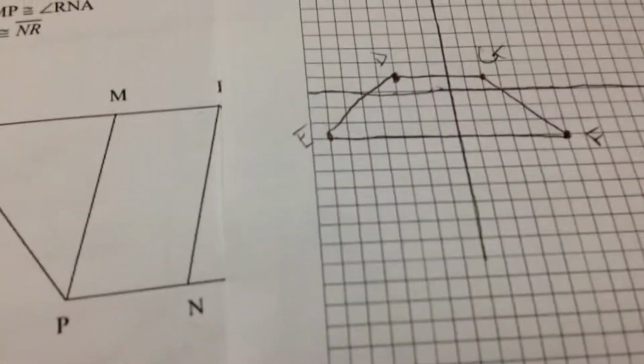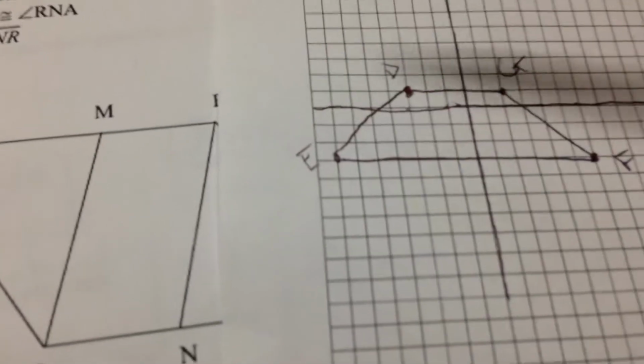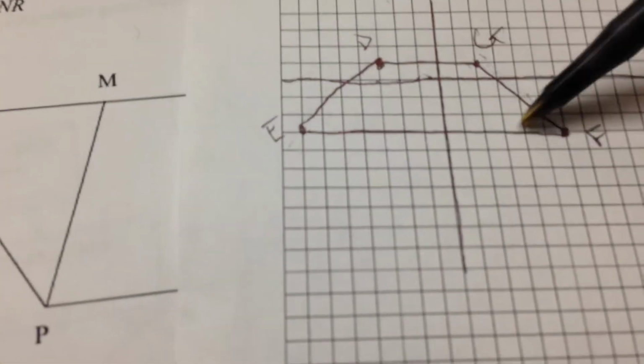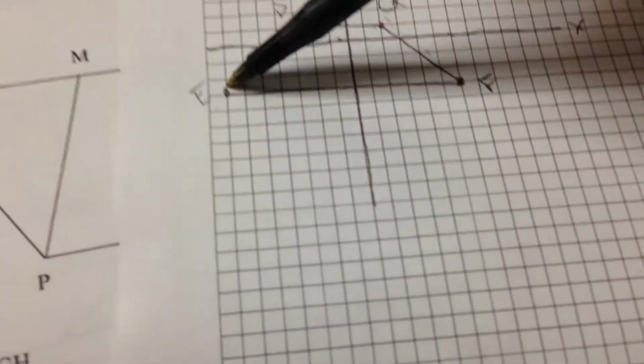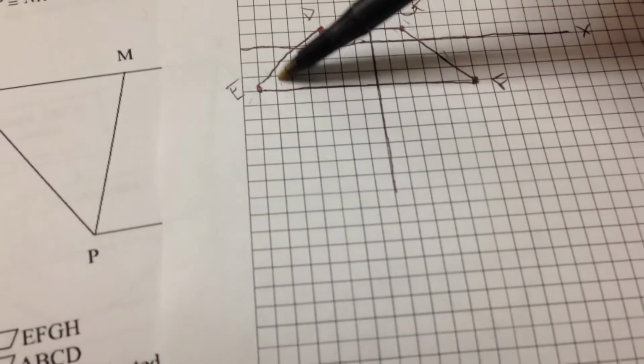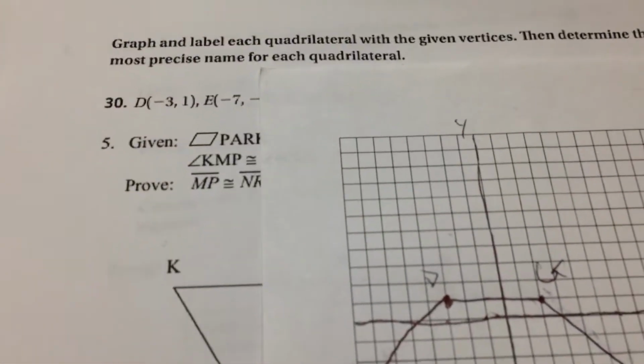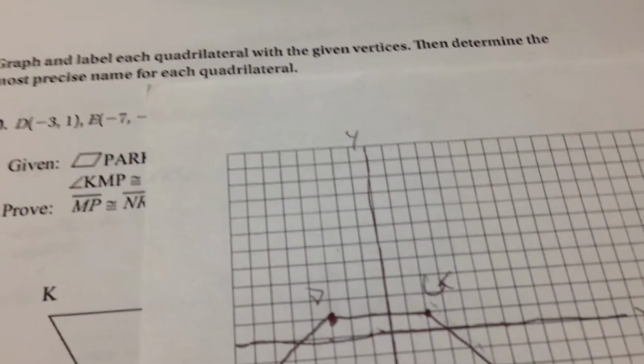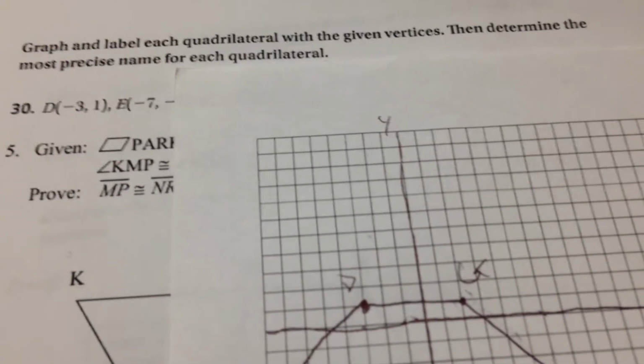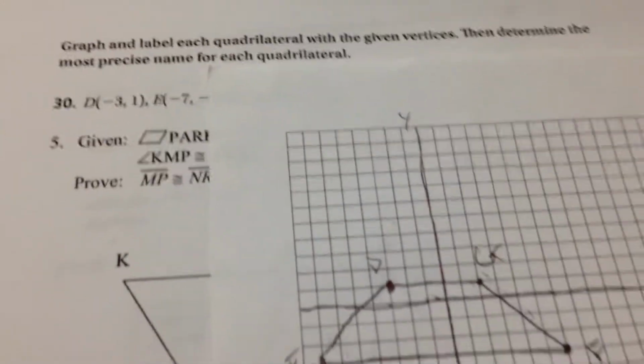Also, if it's an isosceles trapezoid, we know that DE is going to be congruent to GF, and that this angle here, E, will be congruent to F. So let me jot all that down, because those are the various things that we're going to need to determine the best definition.